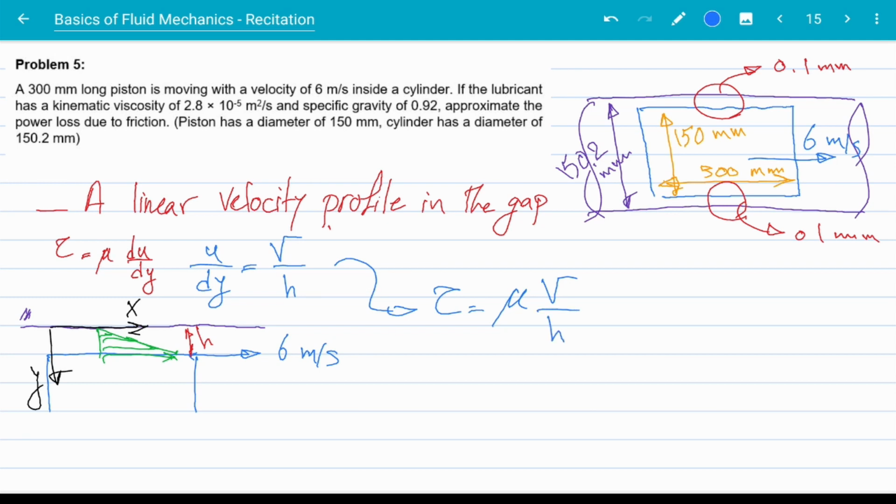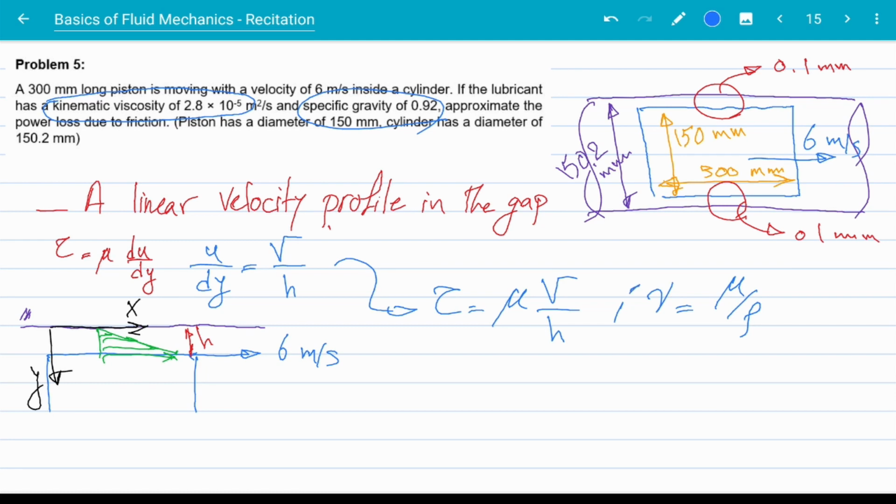Here, we have a problem. I don't have the value for mu. What I have is the kinematic viscosity. Now, kinematic viscosity, shown with nu, is mu over rho, the density of the fluid. However, I don't have the density, I have specific gravity.